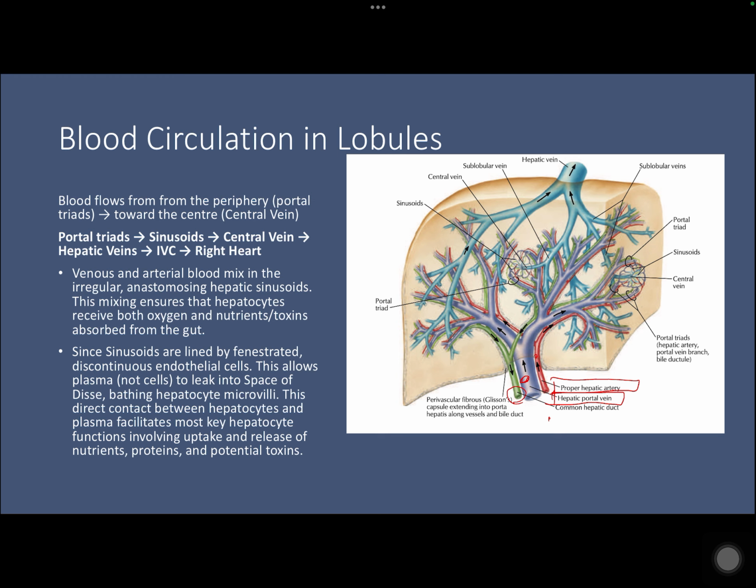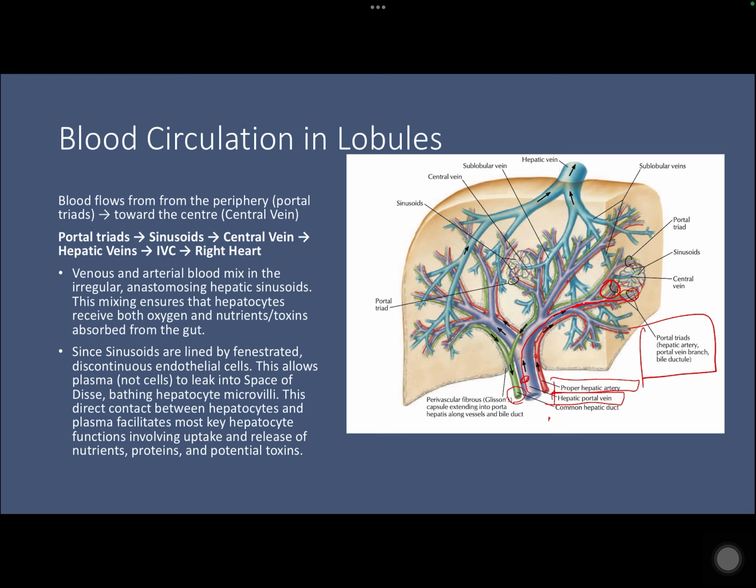As the blood flows, first it goes to these two areas. These are portal triads. That means in the lobule, the blood flows first into the portal triad at the periphery, then from the portal triads it's carried to the central vein.